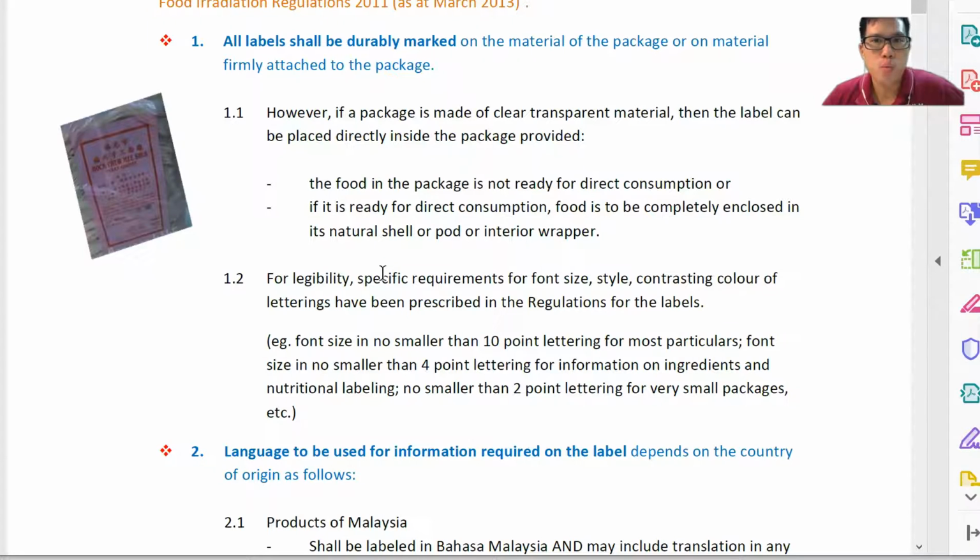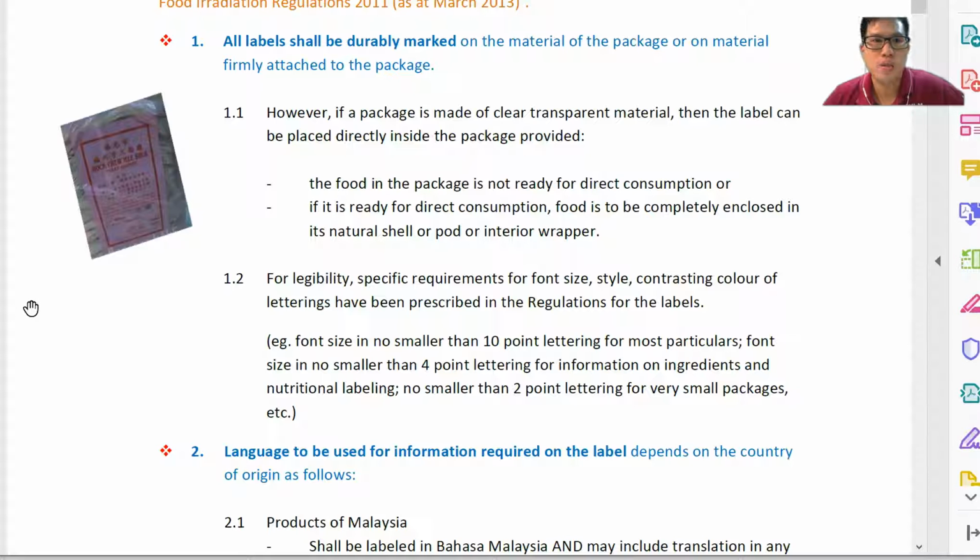Okay, the reason why we need to have all these regulatory bodies is to safeguard the interest of consumers. So that all these bodies will make sure that the food produced or sold by the manufacturer, or any restaurants that cook the food, has a certain safety standard.